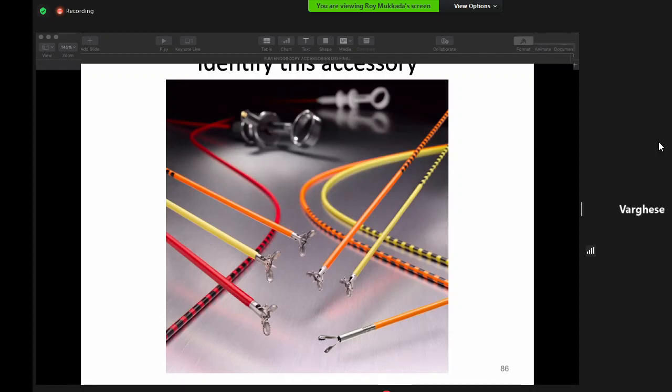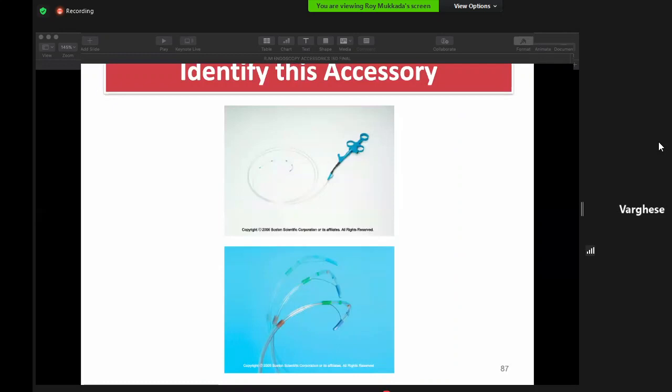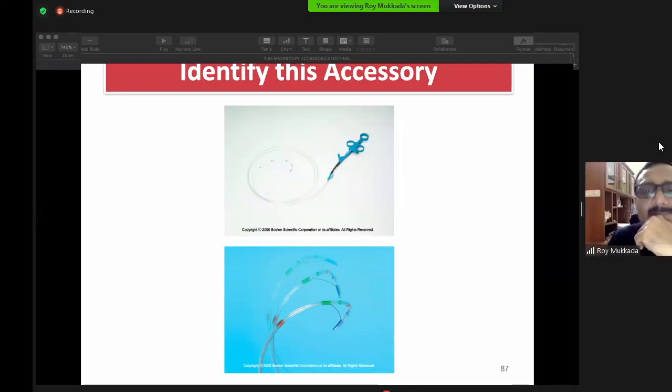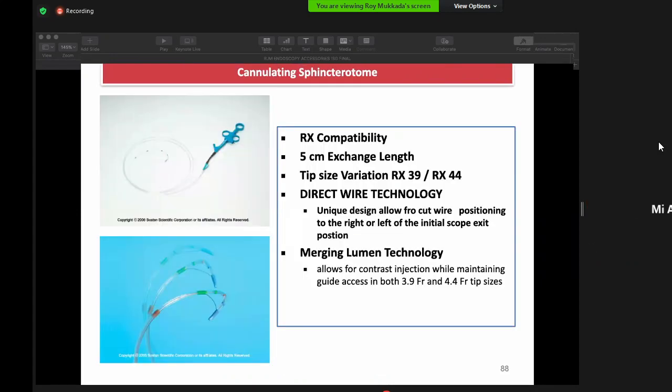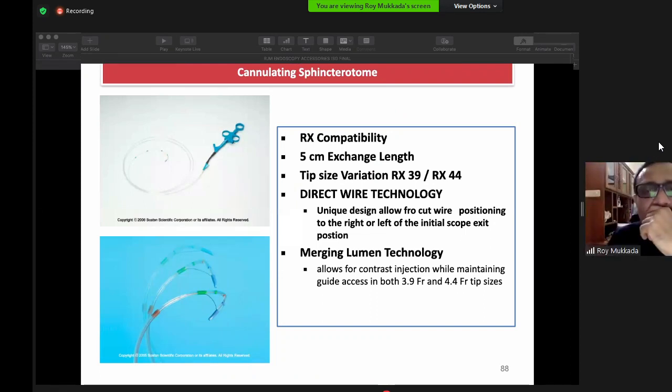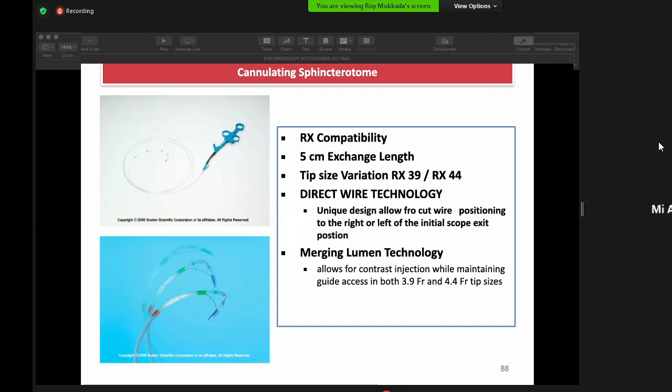Dr. Roy, please. Can you make it bigger, sir? Sphincterotomy. It is used in ERCP procedure, sir.